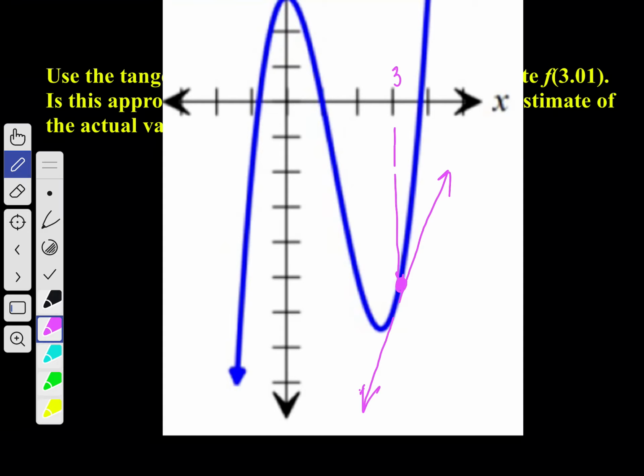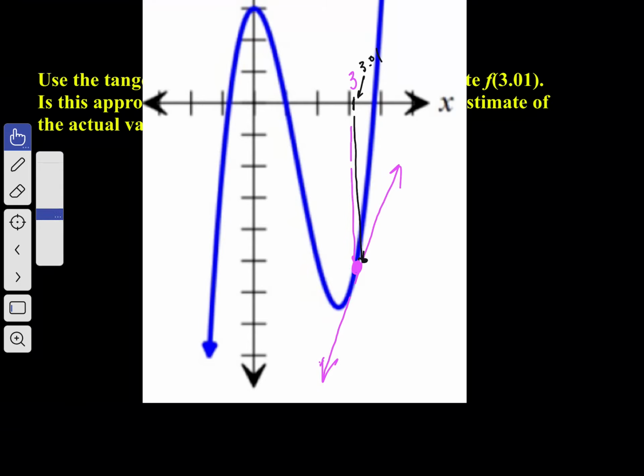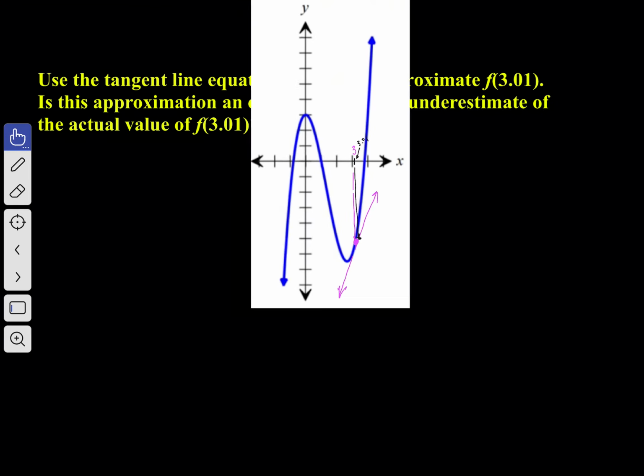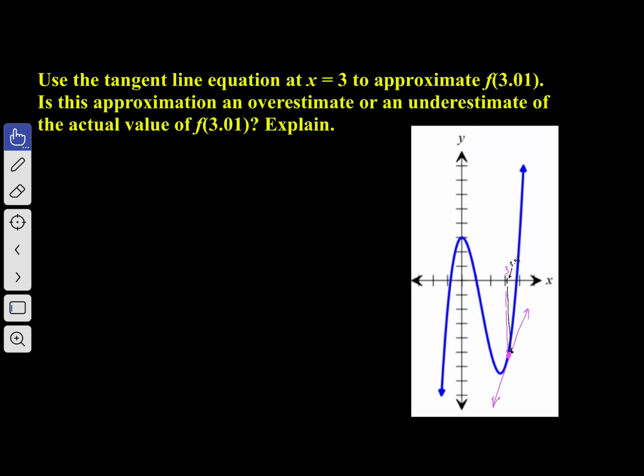All right, so that's where it intersects at 3. But at 3.01, which is just somewhere right in here, you can see just a little tiny bit of white space in between. So if I use that tangent line to approximate 3.01, it is below the graph. So it would be an under approximation, and now I can't seem to figure out how to get my graph back in. There we go.